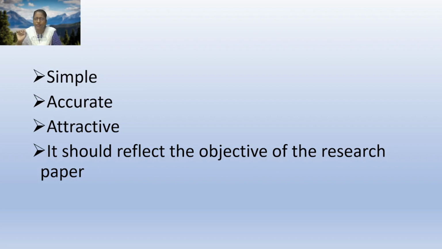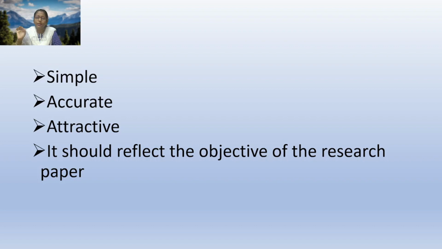The title is very important. When the researcher selects the title, first of all, it should be very simple, accurate and attractive. It should reflect the objective of the research paper. Whatever message the researcher wants to give through the article should be visible in the title.